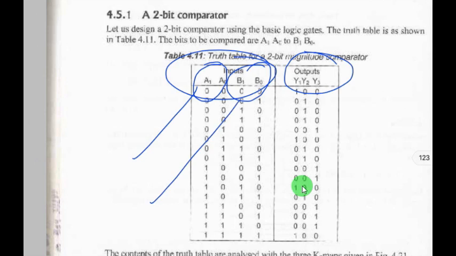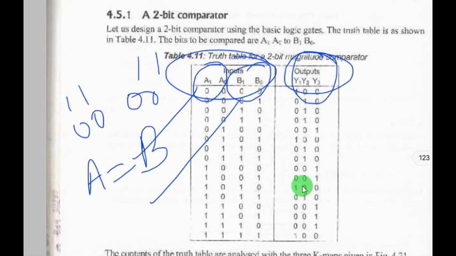From what you get from this comparison, you activate these outputs as follows. If the A series is equal to the B series, that is both of them are 0,0 or 1,1 or 0,1,0,1 or 1,0,1,0, then you do the following.